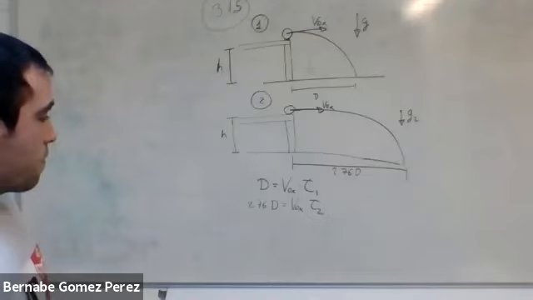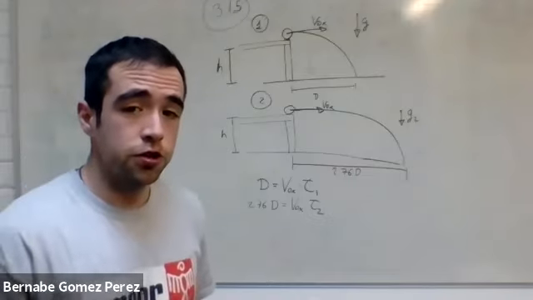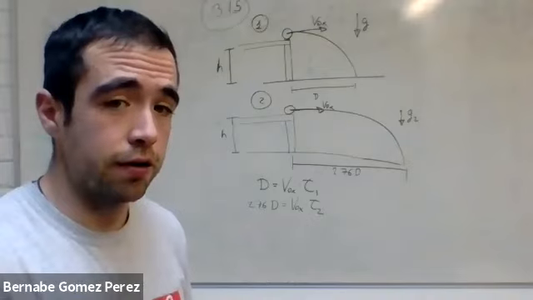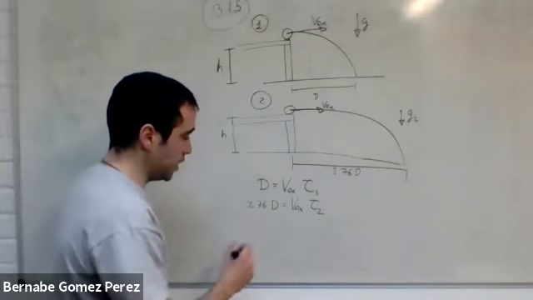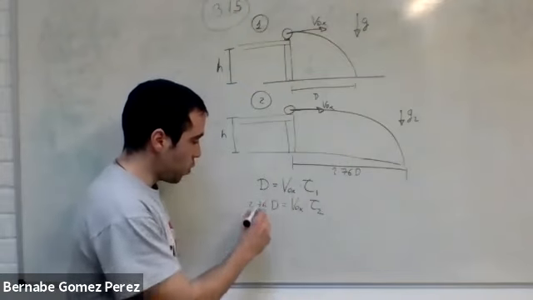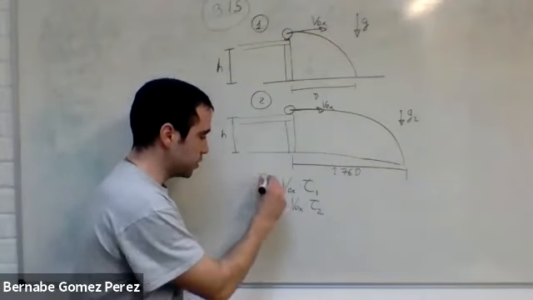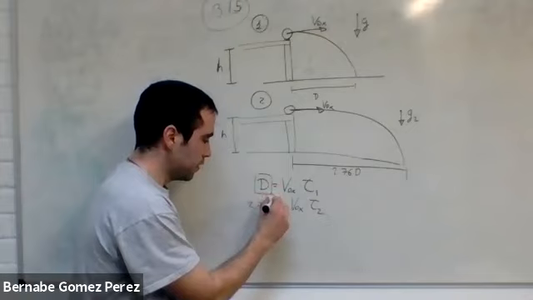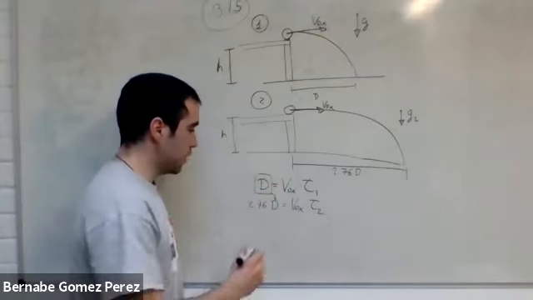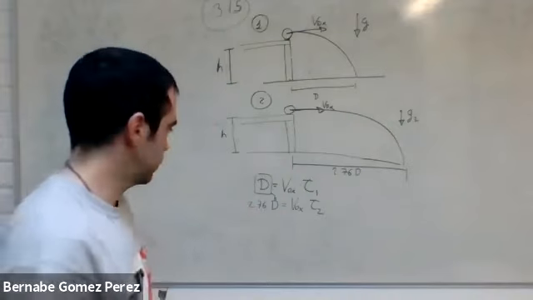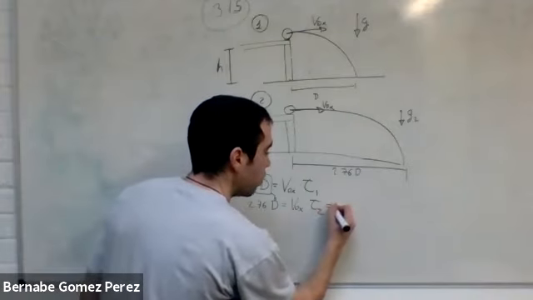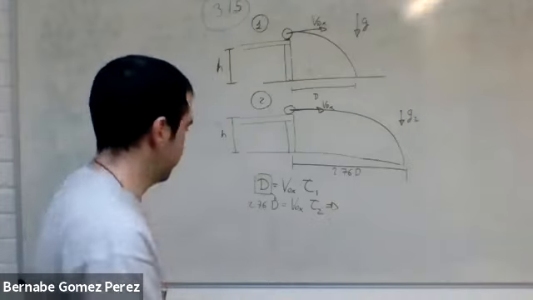So maybe now we can establish some relations between the times that they take, okay? What we can do is, okay, this d is equal to V0 T1. So I'm gonna try to substitute this d in here to see what is the relation between T1 and T2. I want to see which one is bigger, okay?